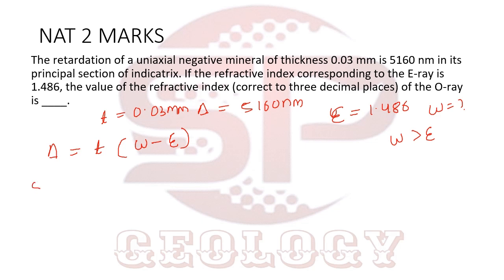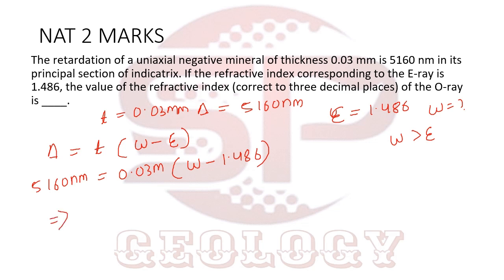So retardation is given as 5160 nanometer. Thickness is given as 0.03 mm. Omega we have to find out. Epsilon is given as 1.486.